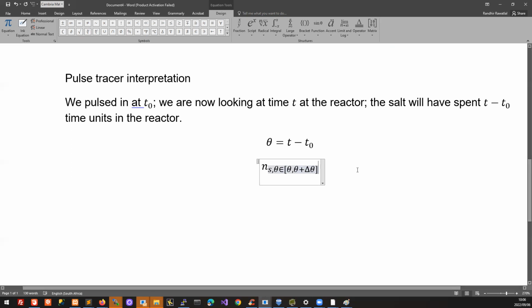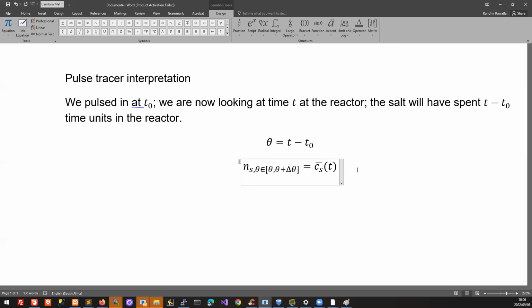And that's going to equal the concentration of the salt that we've measured at time T. It's really the average, so I'm going to say bar here.